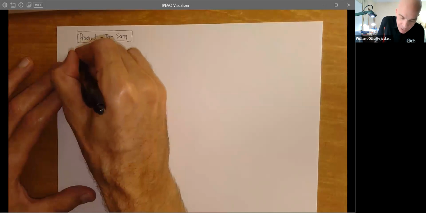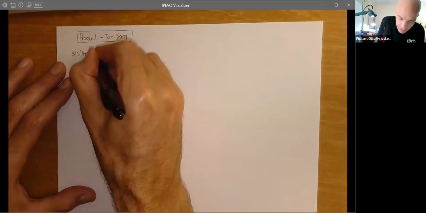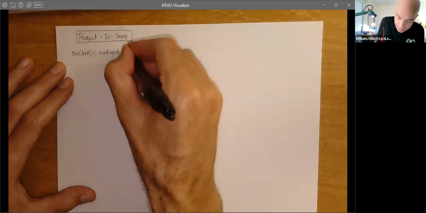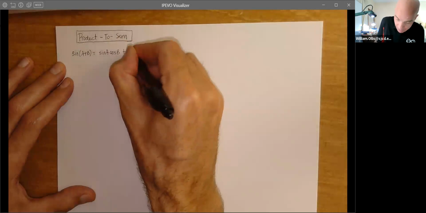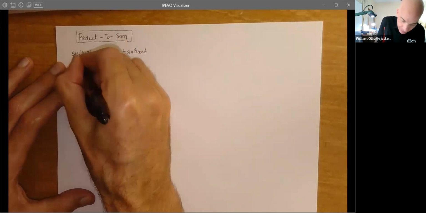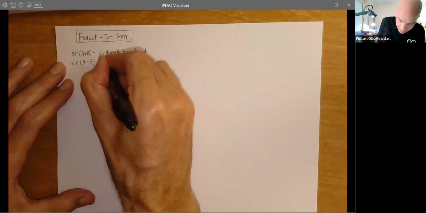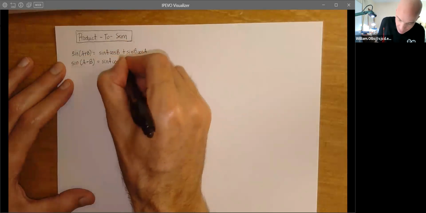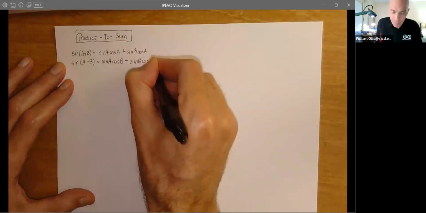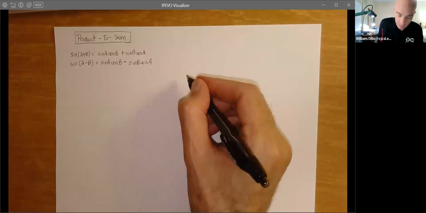So first we're going to start with sine of A plus B equals sine A cosine B. So back to the beginning, plus sine B cosine A. And below it, I'm going to write sine of A minus B equals sine A cosine B minus sine B cosine A. These are actually easy to derive, but I'm going to pair up the addition and subtraction formulas for sine and cosine to derive all four of them.